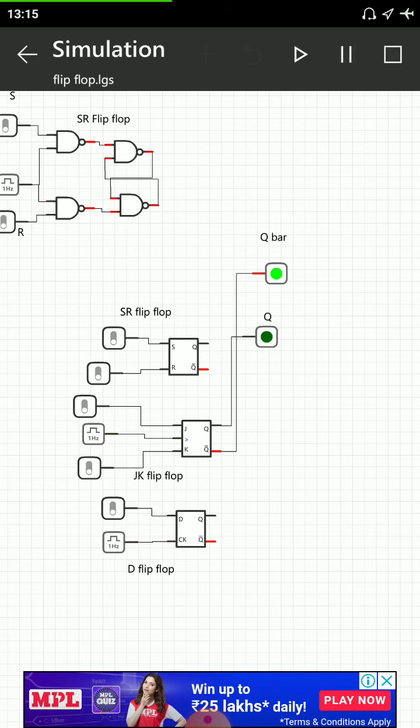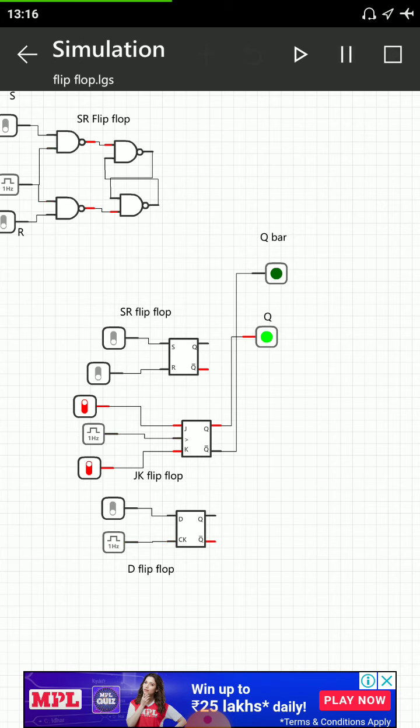So what will happen for 1 1? It must be a toggle state, according to the truth table. Let me check. When J is 1, K is 1, you can clearly see for every clock signal, your output Q and Q bar is changing. This is toggling. For one clock signal, your Q bar goes high.